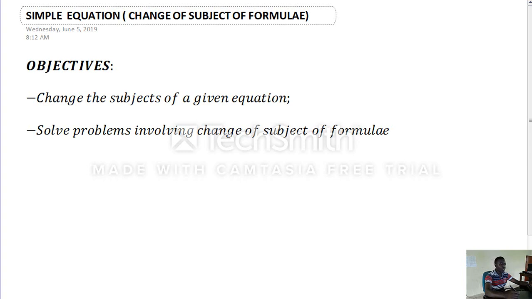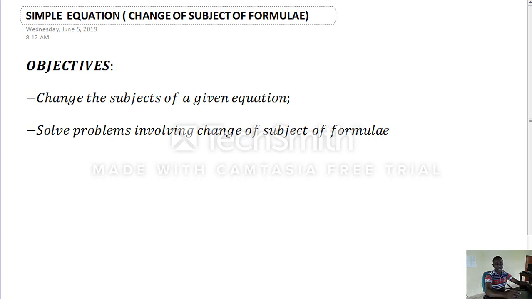Today we are going to be talking more on the change of subject of formulas, but a different kind of formula, not a simplified formula as was presented in the last class, but a more fractional and complex formula will be treated in today's class.